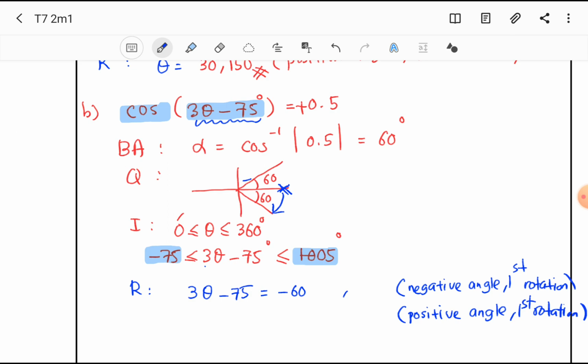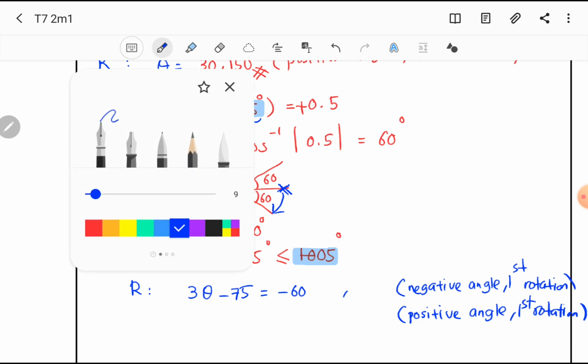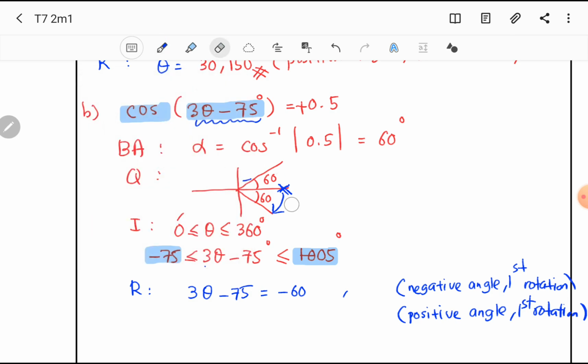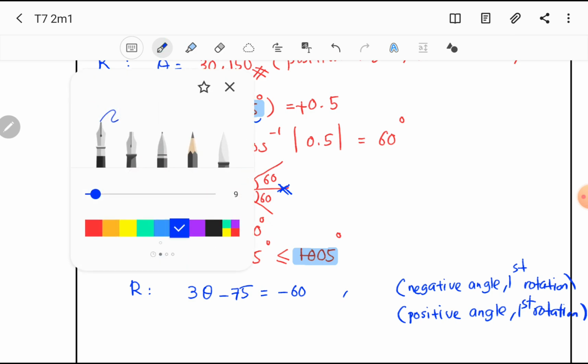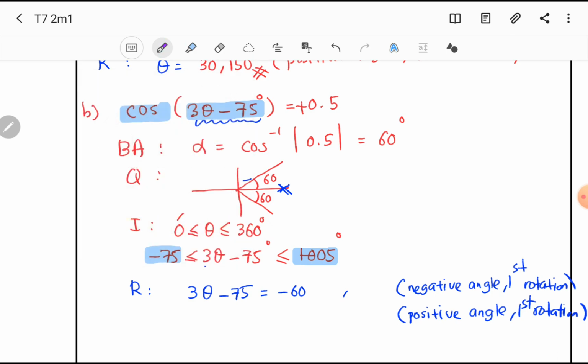Okay, so dia akan jadi, kita back to kita punya quadrant tadi. We go up. Okay, so kita akan start dekat mana? Positive x axis. Kat sini jugalah. But we go up. Kita gerak sampai jumpa the first quadrant. So numbernya adalah 60 degrees.